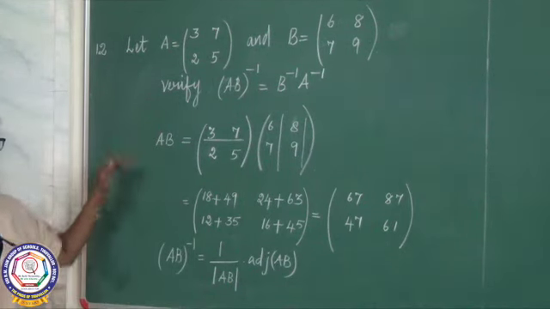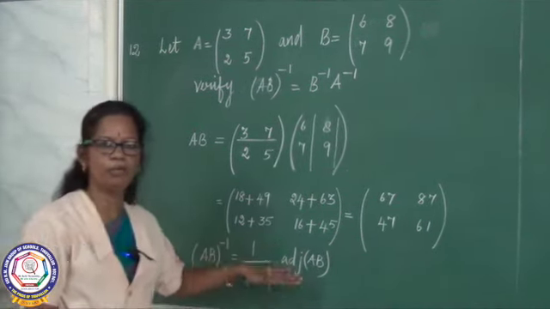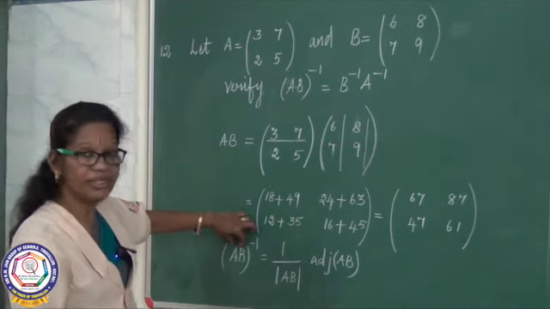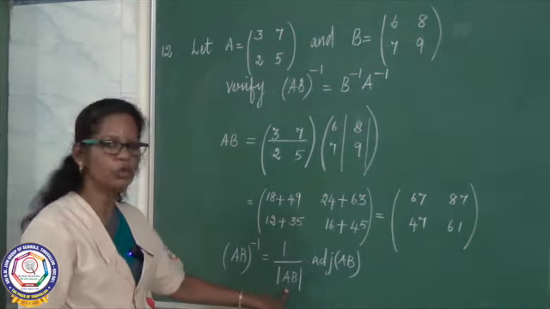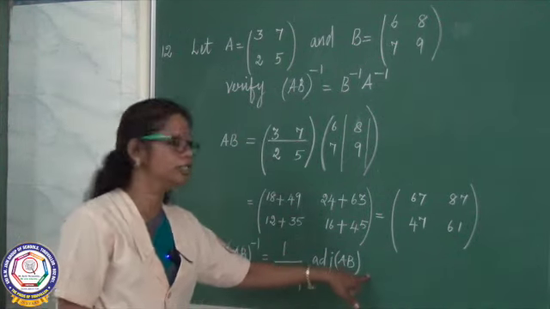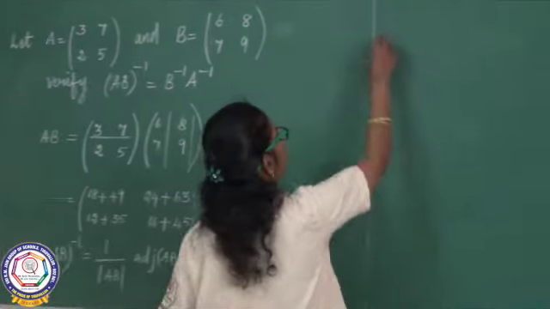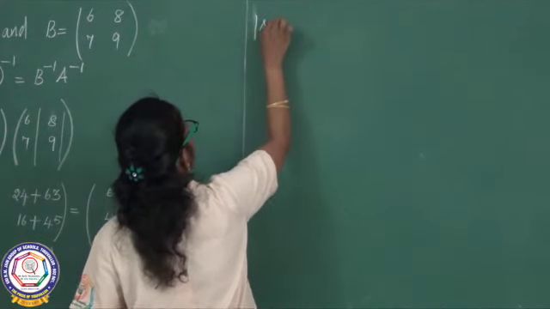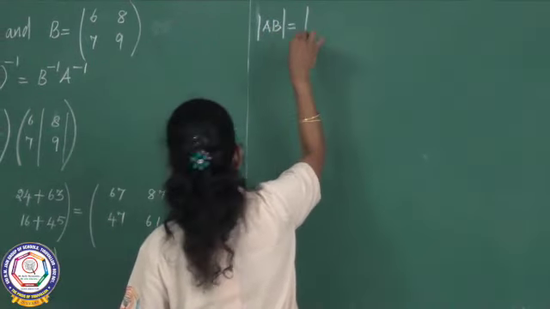The same formula as A inverse equals 1 by determinant A into adj A. Here two letters are there, that is AB, so instead of A you write AB. Next, determinant AB.